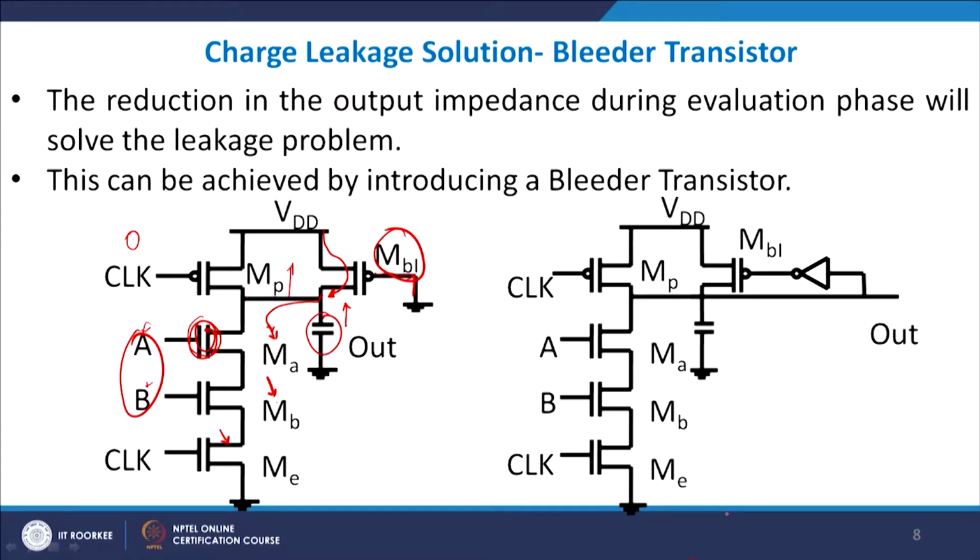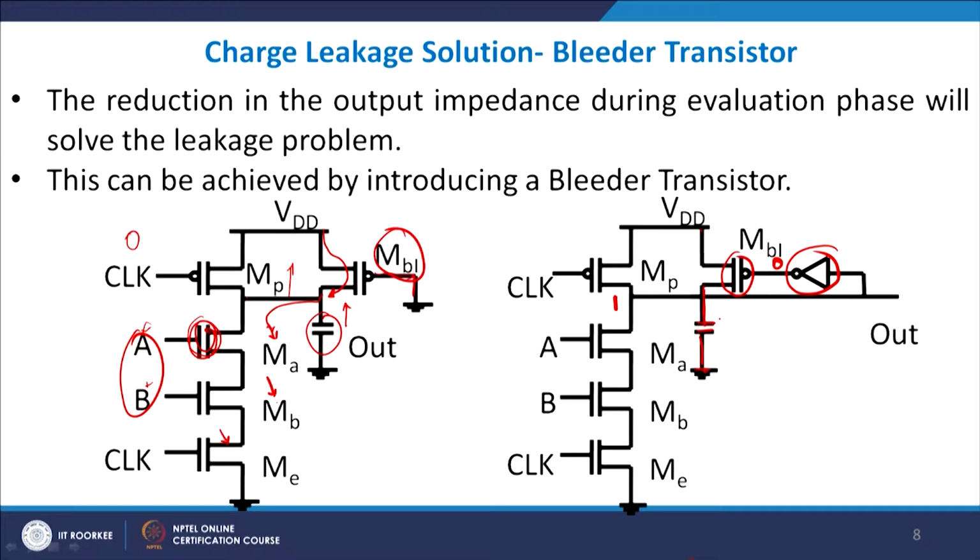Similarly, if I take a NOT gate here, and suppose this is equal to 1 because it has charged to this value, this will become 0. This becoming 0 implies that MB1 will be on, which means VDD will always be connected to this particular capacitance, and the capacitance charge will never be lost.